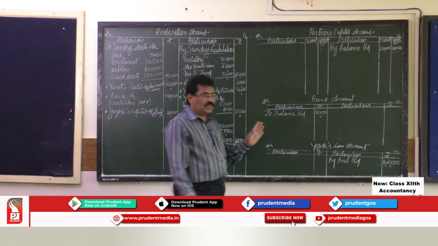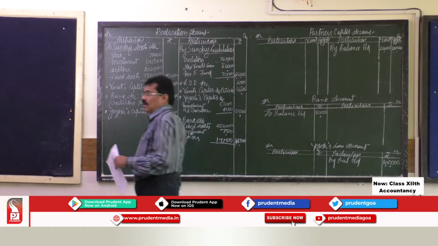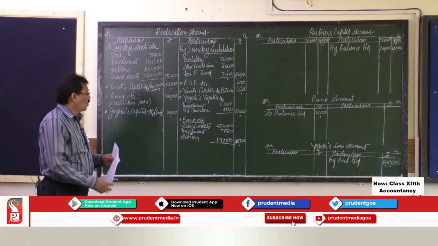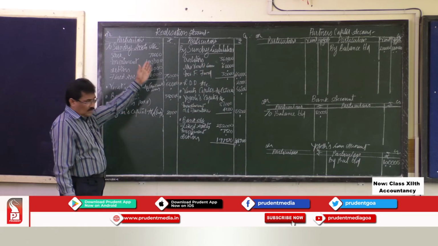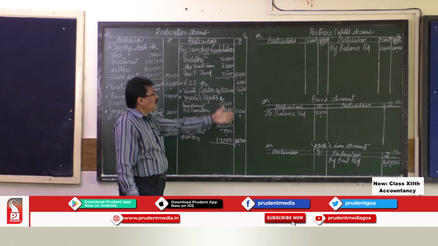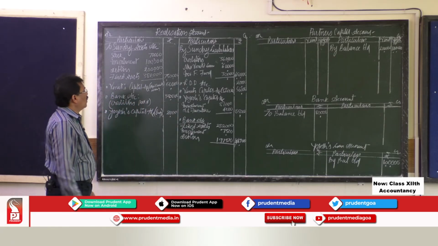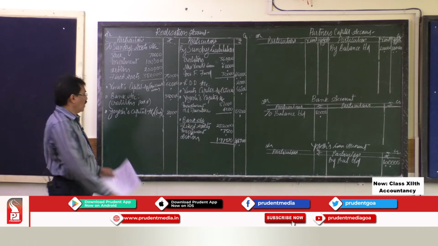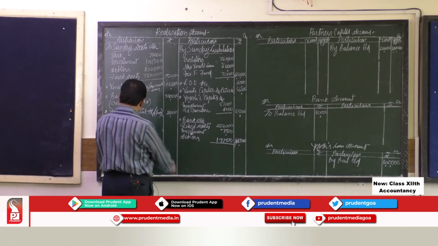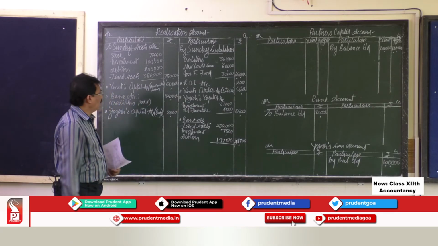Once all the adjustments are over, now we have to balance the realization account. These are the items on the debit side of realization account. These are the items on the credit side of realization account. Now, we have to see which side total is greater, whether the debit side total or credit side total is greater.